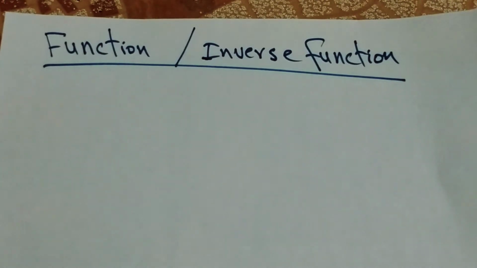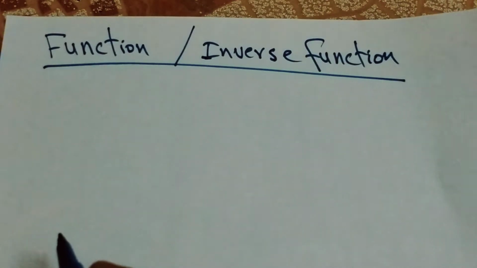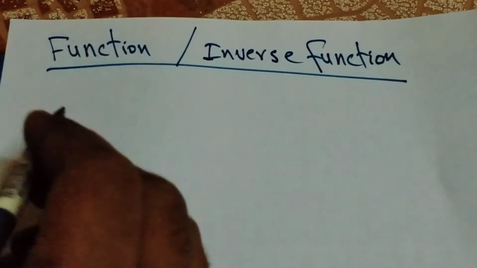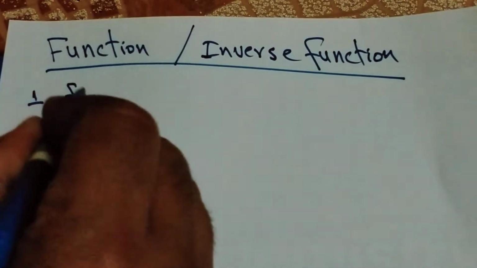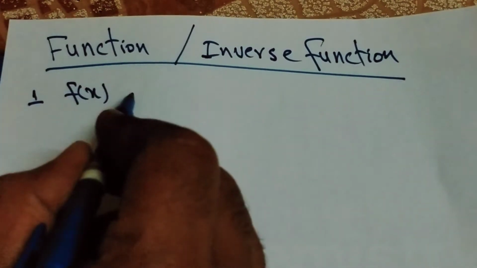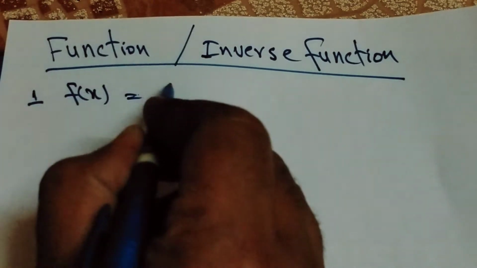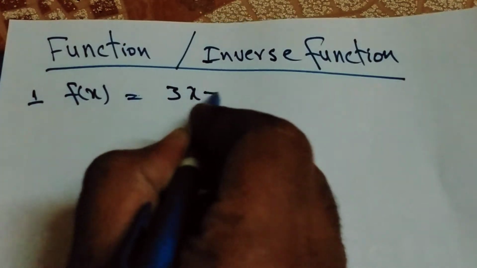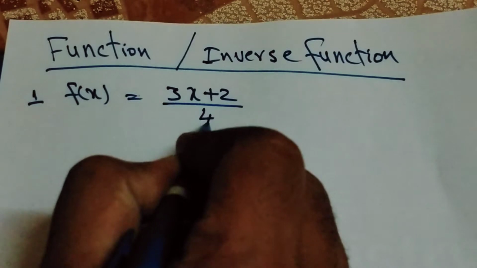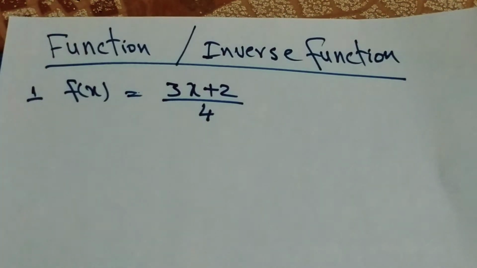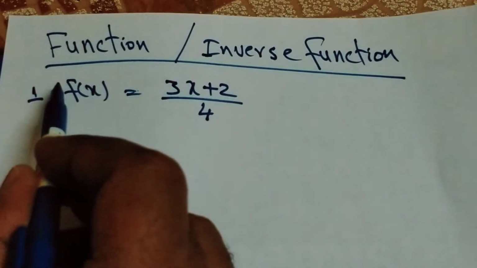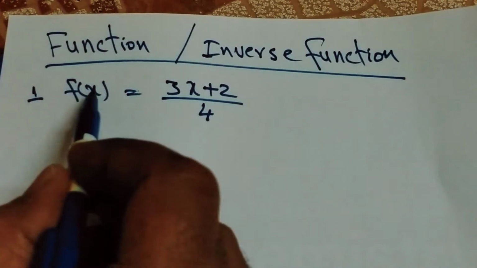Let's start. There is a function f of x. The first example, f of x equal 3x plus 2 over 4. This is a function, my dear. F of x means sometimes it is given f of x, sometimes g of x, sometimes h of x.